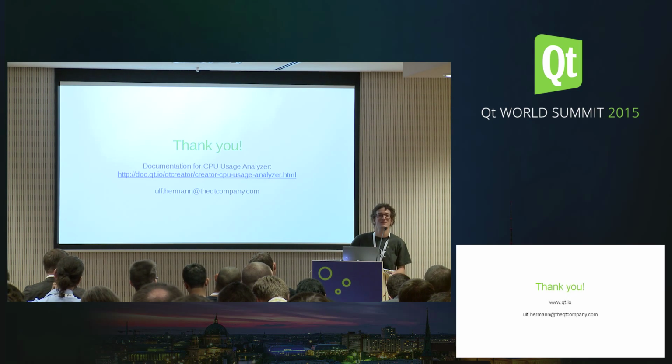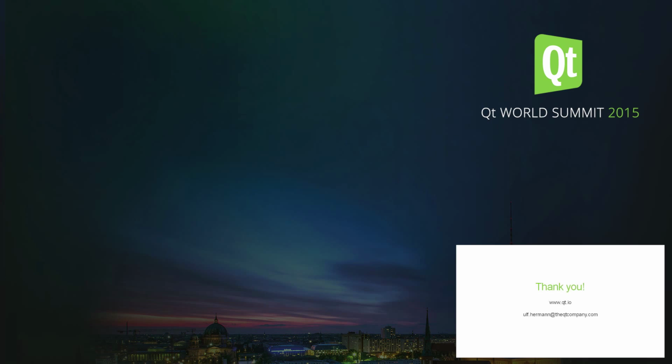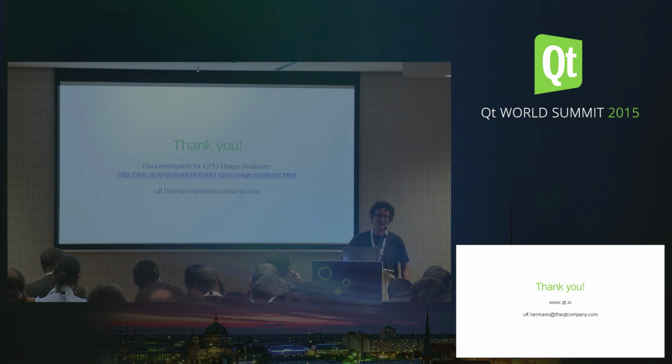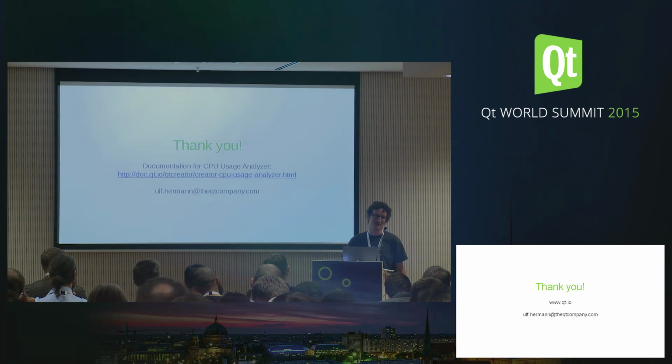Yes, in front. Okay. First of all, thank you. So the question is if I unwind it on the host. Yes, I unwind the call stacks on the host. The second question is why do I need to use the dwarf mode? I need to use the dwarf mode because on ARM there's no clear convention on frame pointers, and also all the Qt libraries are compiled without frame pointers, so it would be a big overhead to fix this.